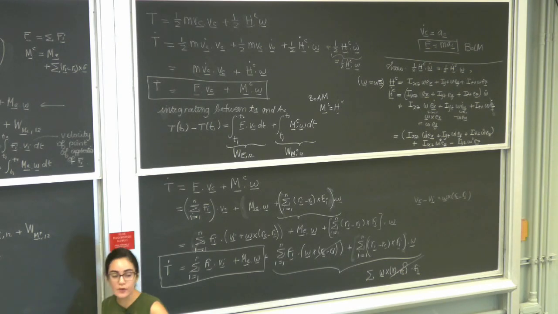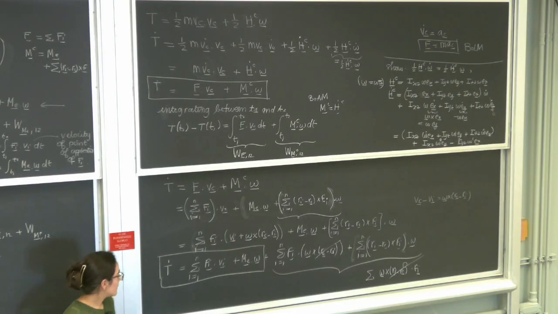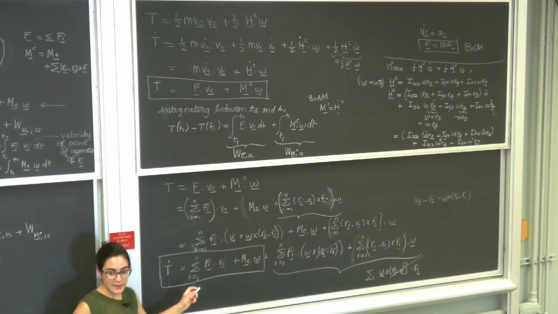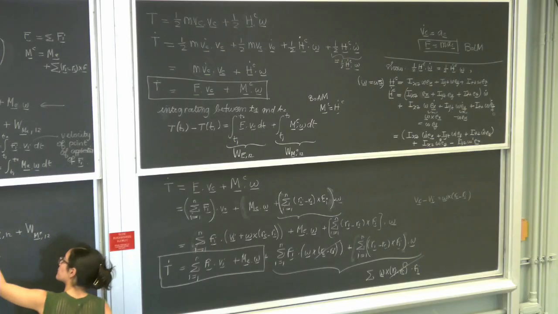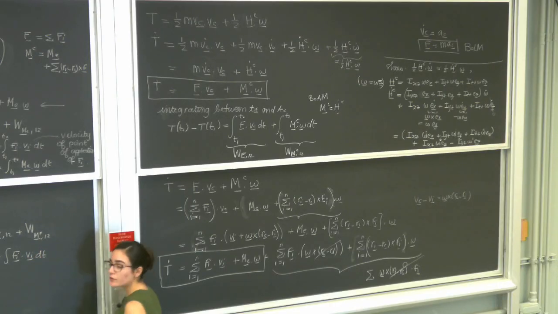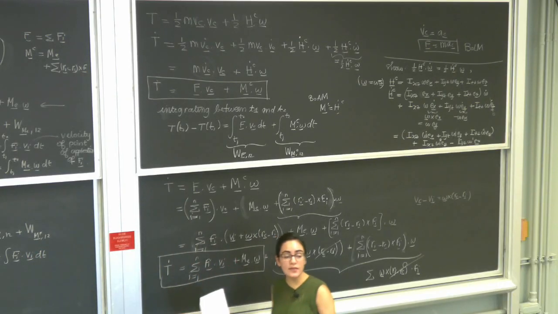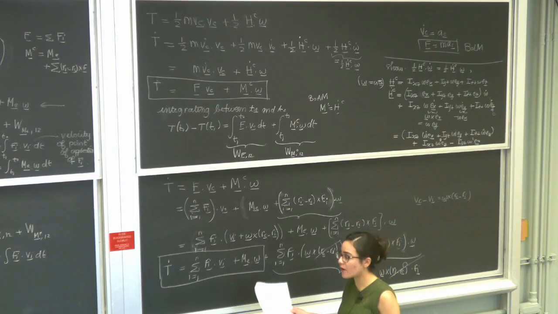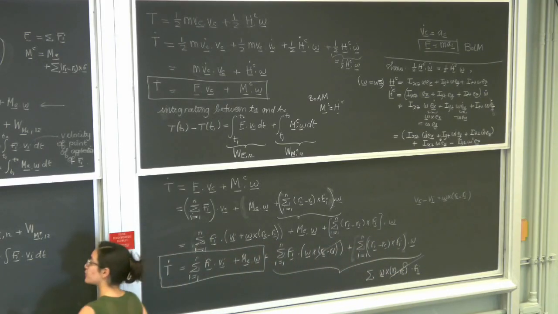What is the work of the force Fi from 1 to 2? What is the expression of that? It's the integral of this dt, right? And we have to be careful. Vi is the velocity of the point of application of the force Fi.